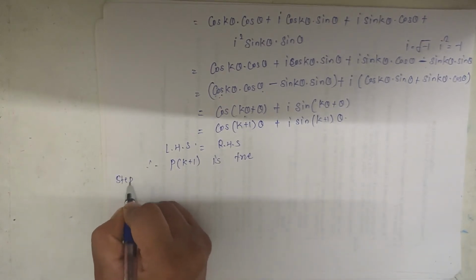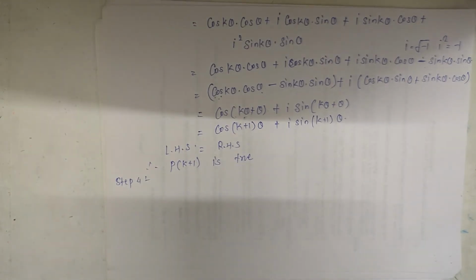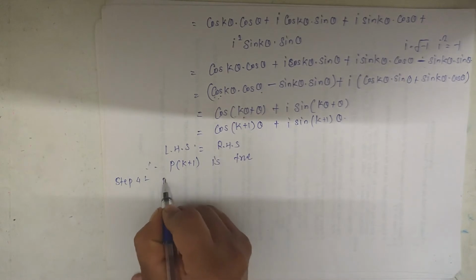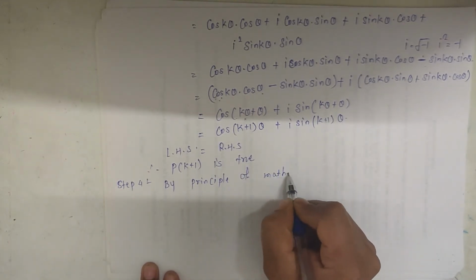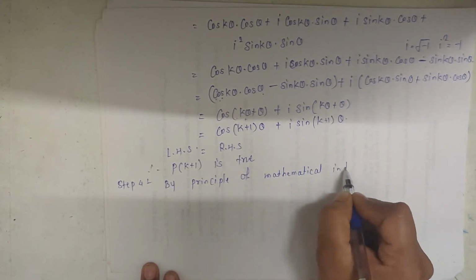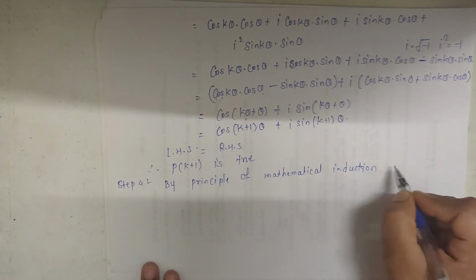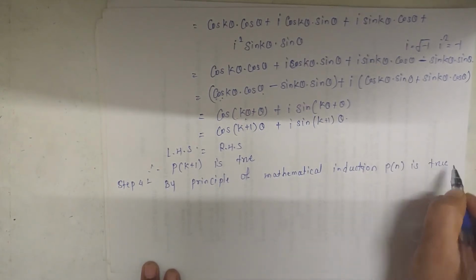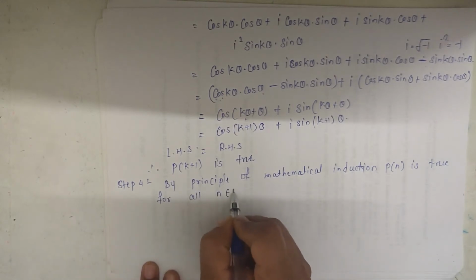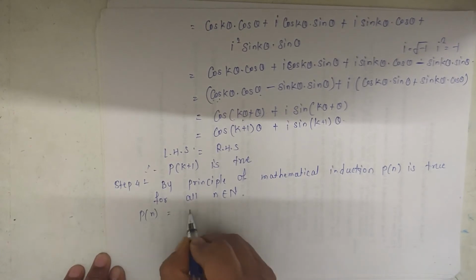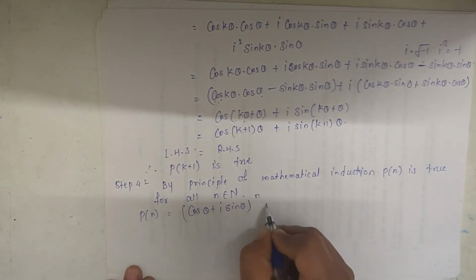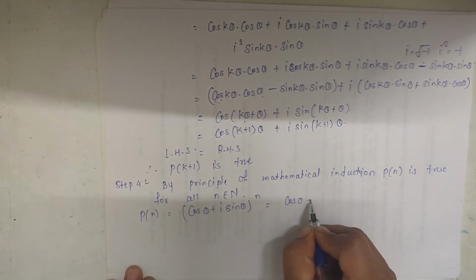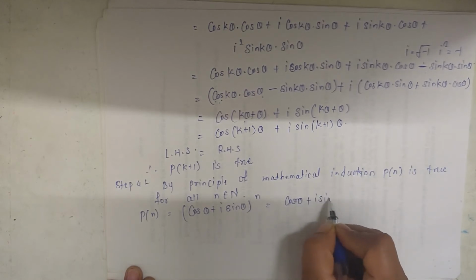Now in step 4, from the above 3 steps and by the principle of mathematical induction, P of n is true for all n belonging to the natural numbers, and here P of n is cos theta plus i sin theta raised to n is equal to cos n theta plus i sin n theta.